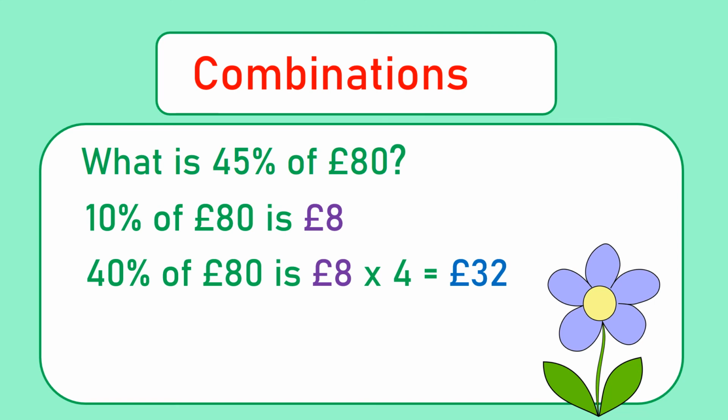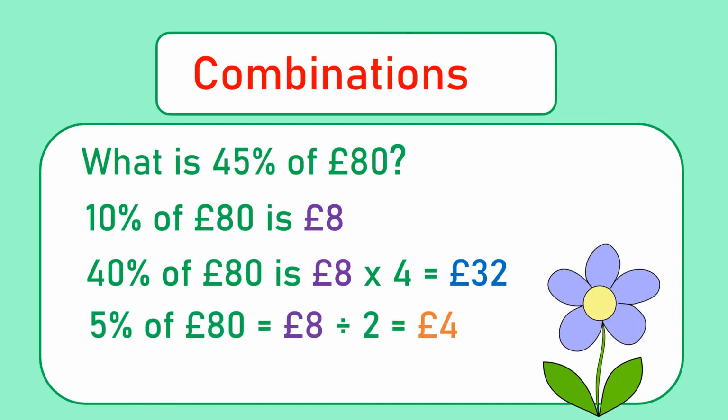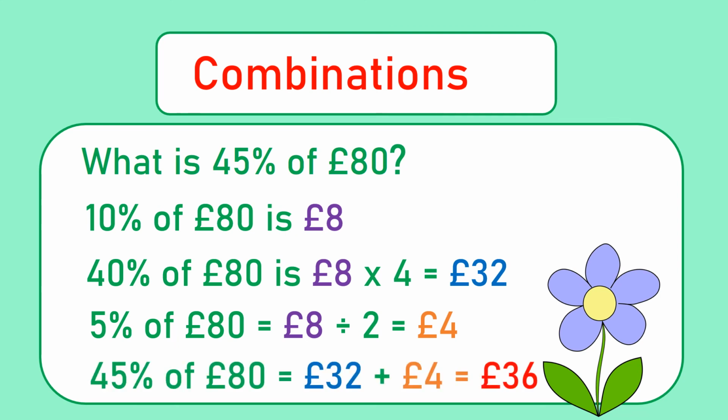So £8 times 4 is £32. So we've got the 40%, we just need the 5%, which we can do from halving the 10%, the £8. So 5% gives us £4. So to work out 45%, we just add those two numbers together to give us £36.